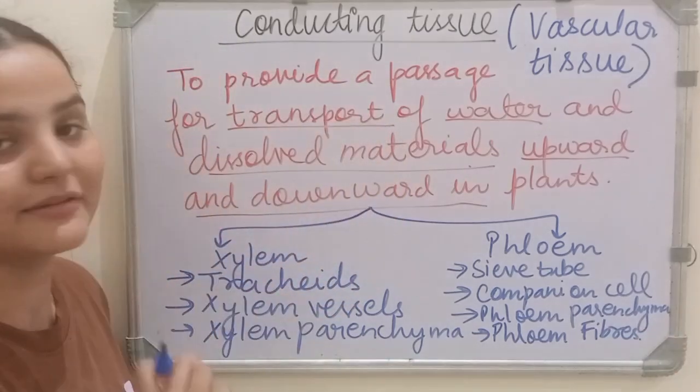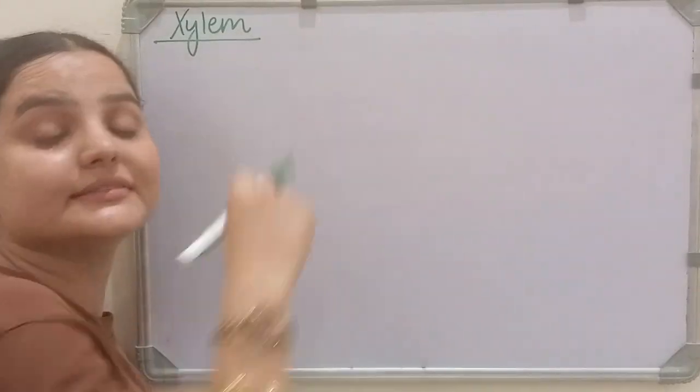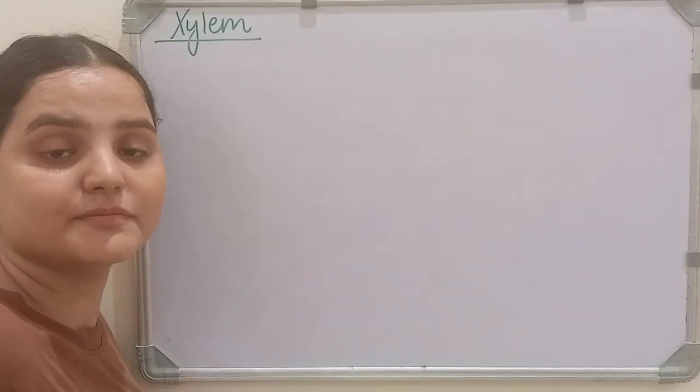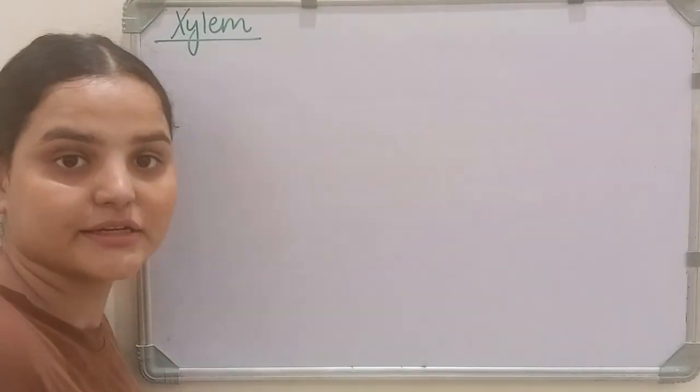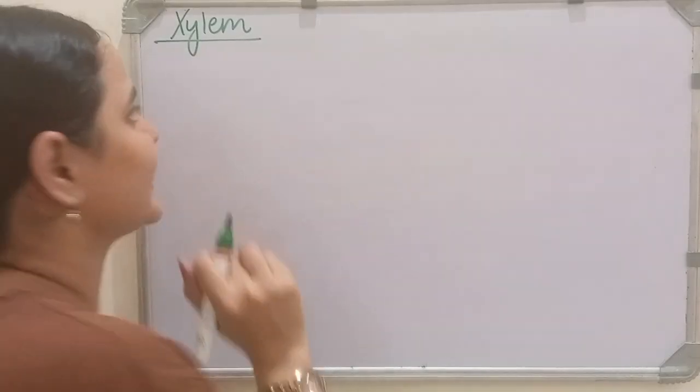Okay, let's begin with studying about xylem and its components. Xylem is basically responsible for the conduction of water which is absorbed by the roots from the soil. So let's write it.